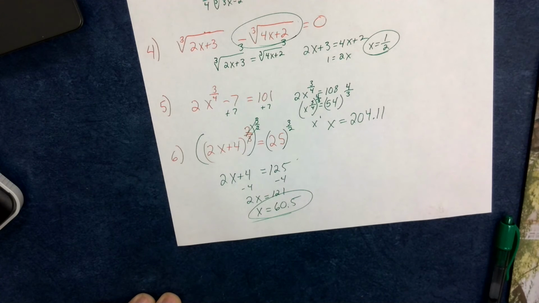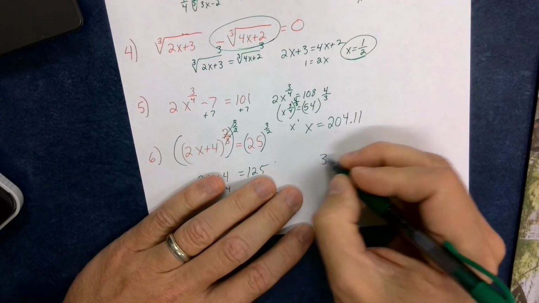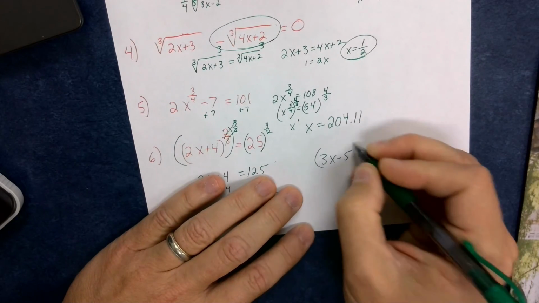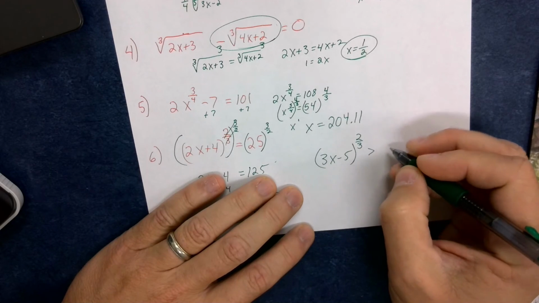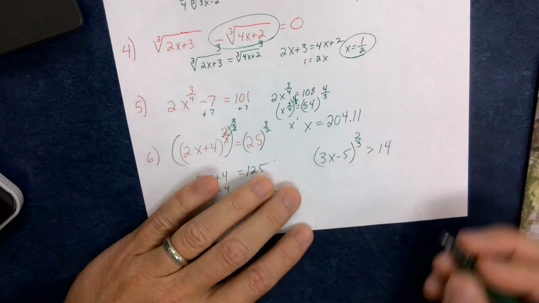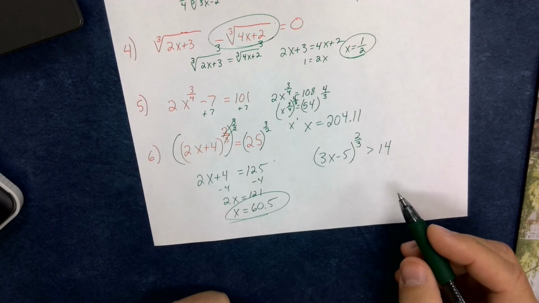I do have a couple problems that go with inequalities in these things too. So just know that if I had something like this, 3x minus 5 raised to the 2/3 is greater than 14. I treat my inequality the same way that I would anything else.